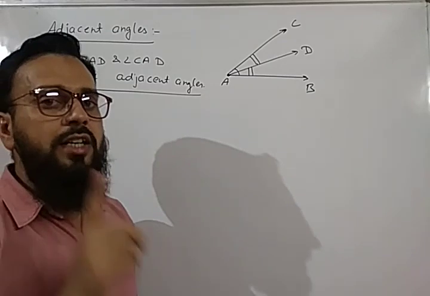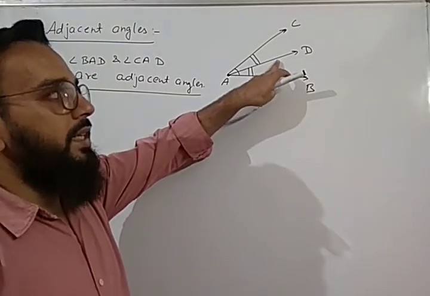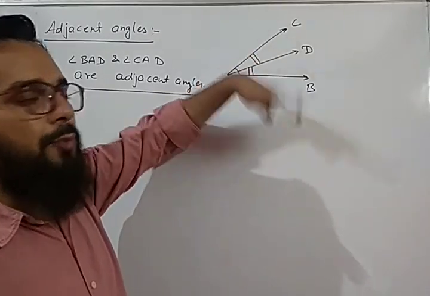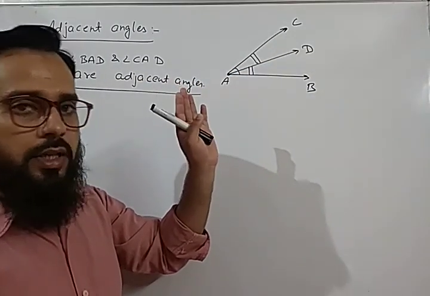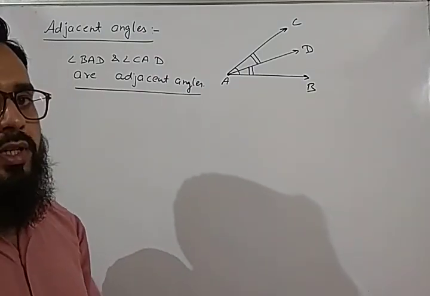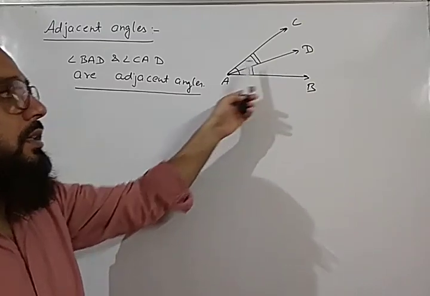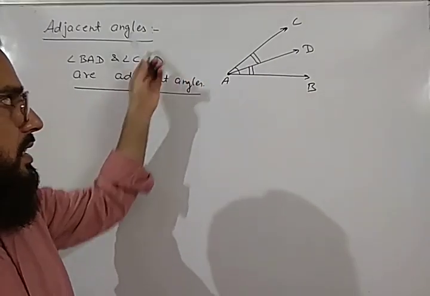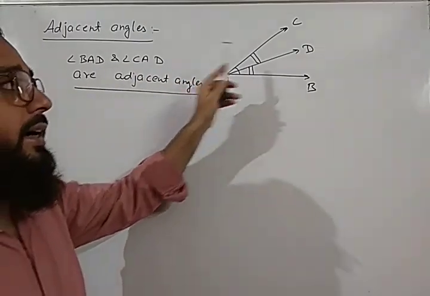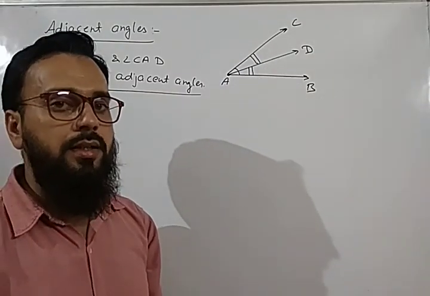So there is one common arm from which two other rays go out on opposite sides. Clear? So this is the property of adjacent angles. Here the angles are angle CAD and angle BAD. In adjacent angles, one vertex is common and one ray is common.